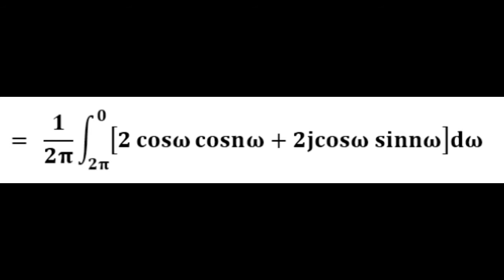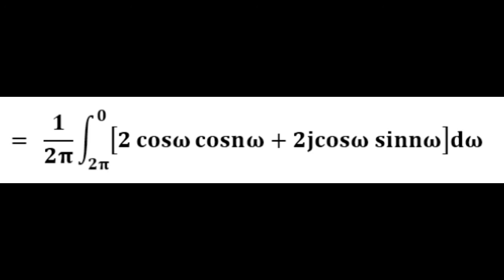Again, referring to the trigonometric identities, 2 cos ω cos nω can be converted into 1 over 2 cos((n plus 1)ω) plus 1 over 2 cos((n minus 1)ω).